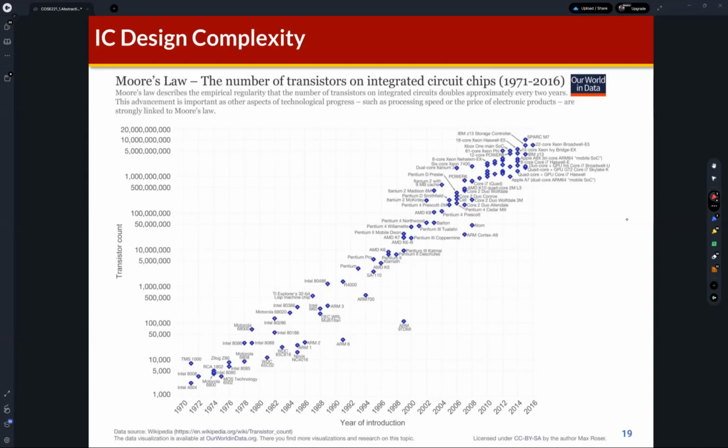As you can see, the y-axis is the log scale, and this line is a linear line. So what does that mean? Since the y-axis is the log scale, it means the number of transistors has increased exponentially. It's a huge increase.